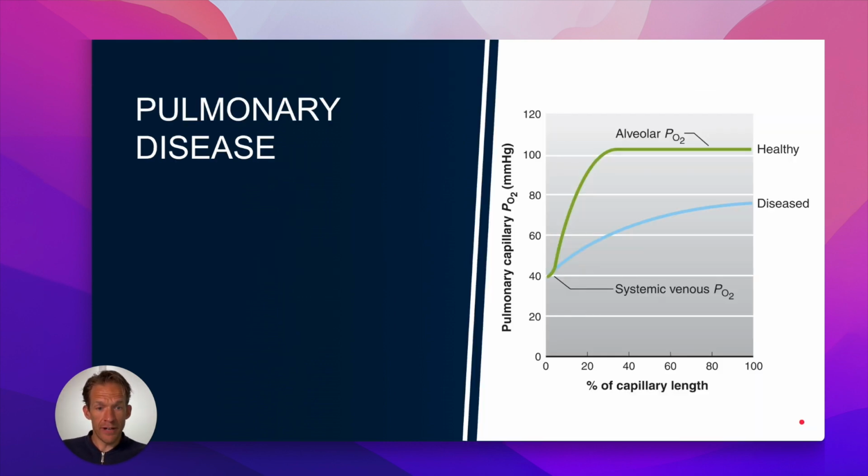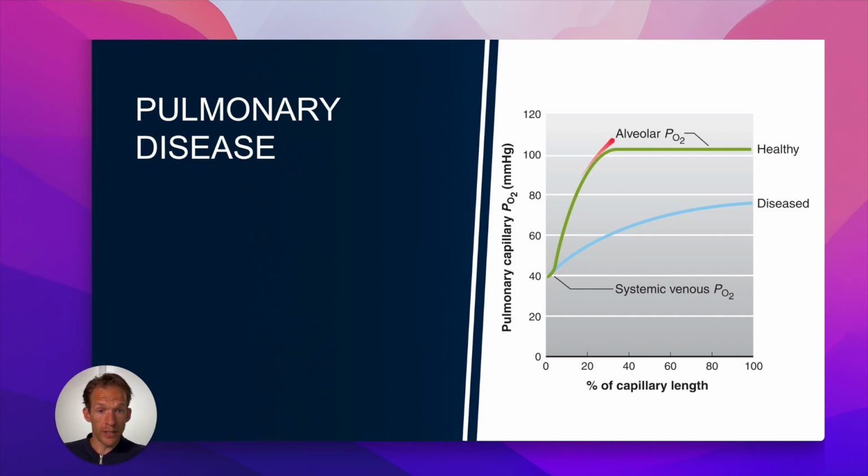And in this graph from Vander, you can actually see very nicely the difference in the diffusion and how much of the actual capillary length is normally used and how much of that is used in an abnormal situation where diffusion is impaired.